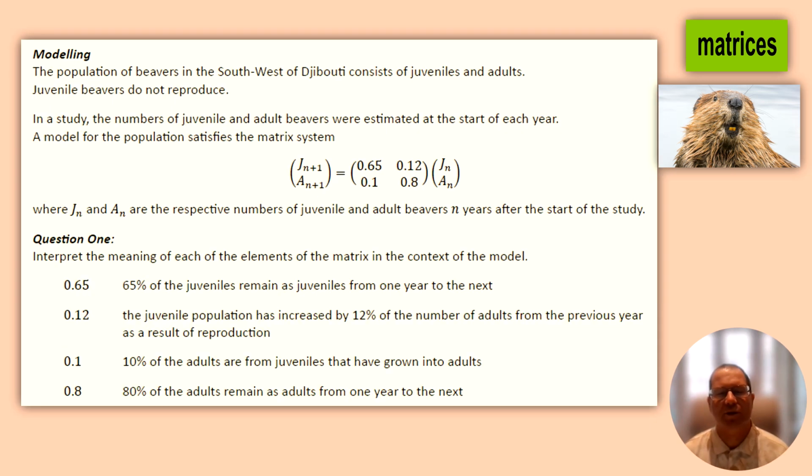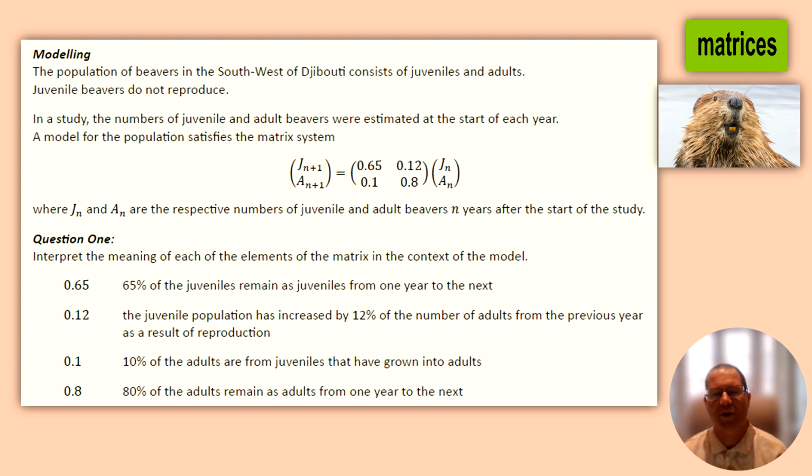So Jn+1 is the number of juveniles the year after the year when there are Jn juveniles. And as an equation, Jn+1 is given by 0.65 times Jn plus 0.12 times An. So what do the 0.65 and the 0.12 mean?